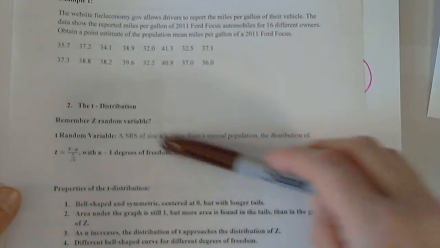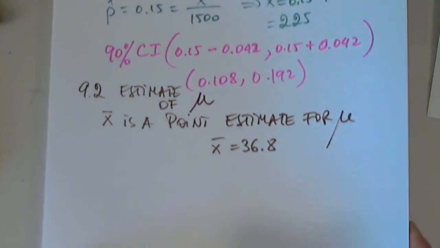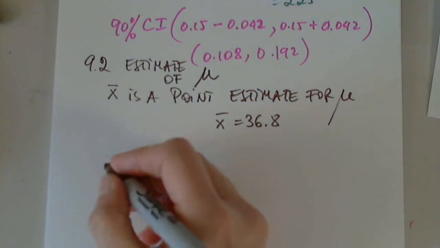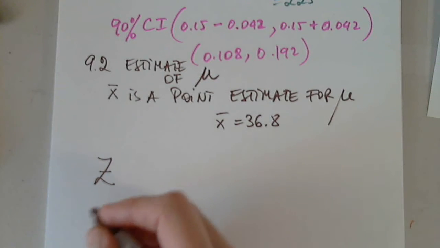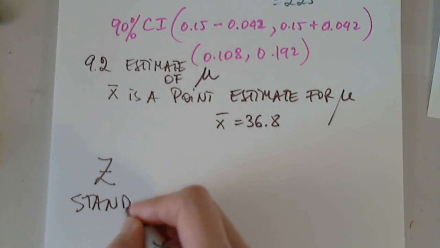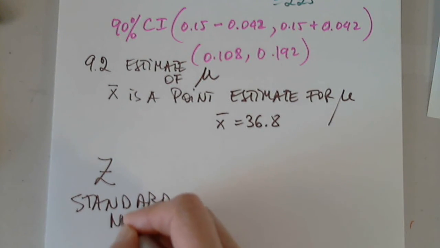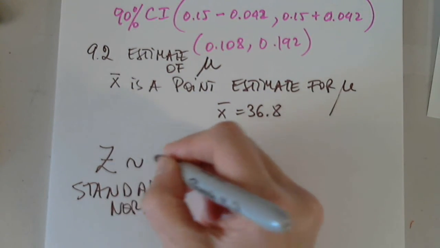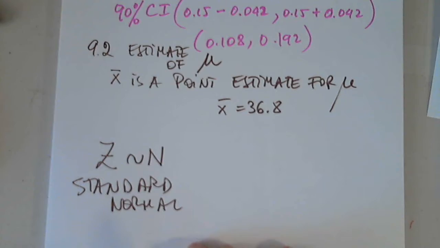Now, I have to discuss what this is all about. We remember that Z is what is called standard normal, and this is normally distributed.